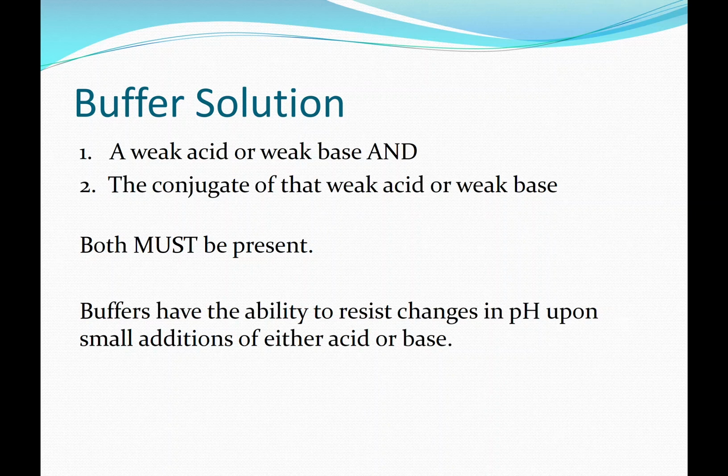And so we use these solutions in a lot of different ways, one of which is to just keep a constant pH during some kind of reaction. If we need to control that, there's also a very important buffer solution in your body. It's called your blood. Your blood is buffered, and so it keeps a very constant pH. If it didn't, that would be pretty problematic. And so buffers can be really important for us to control the pH of whatever it is that we're looking at, whatever the solution is.